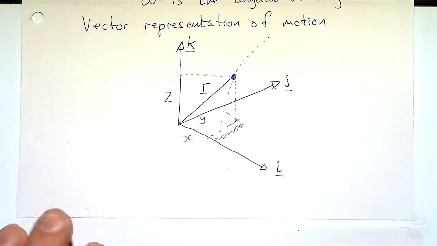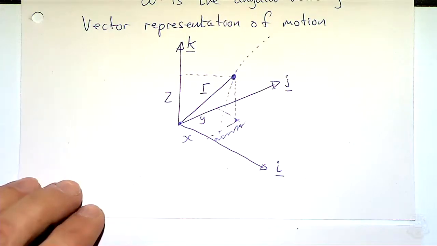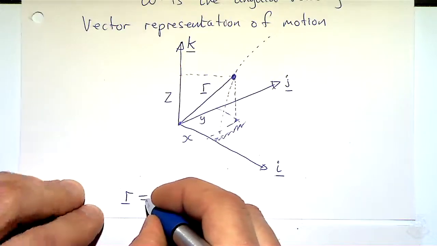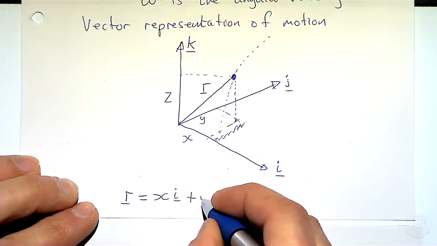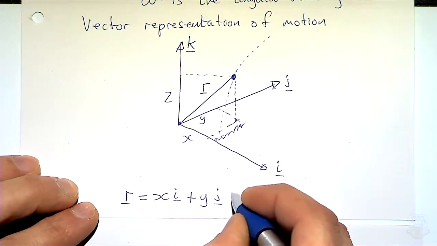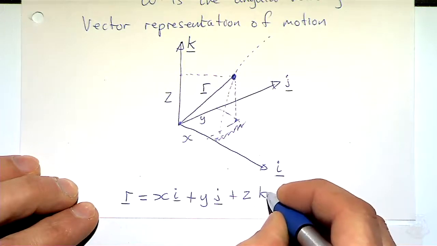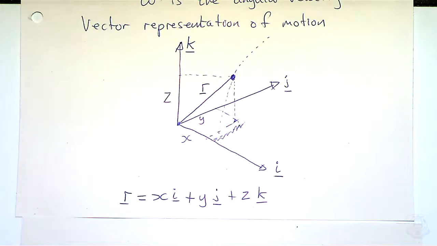So if we write down the vector r, we can write r down like that. x, y, and z are the numbers which define that point in space.